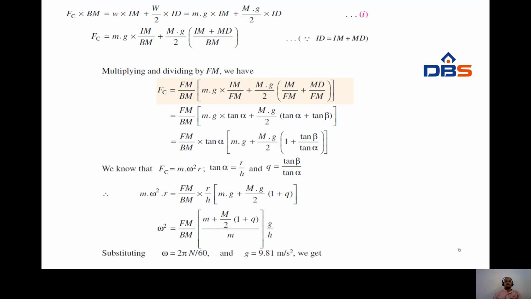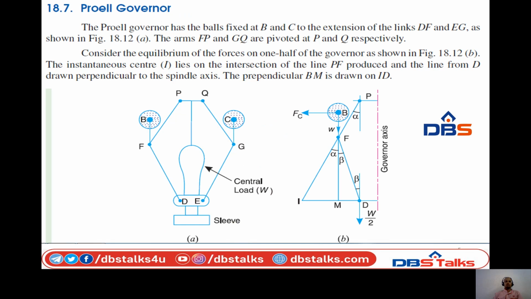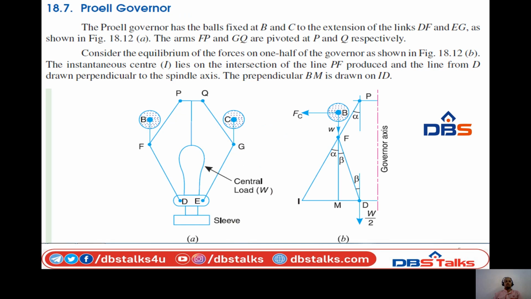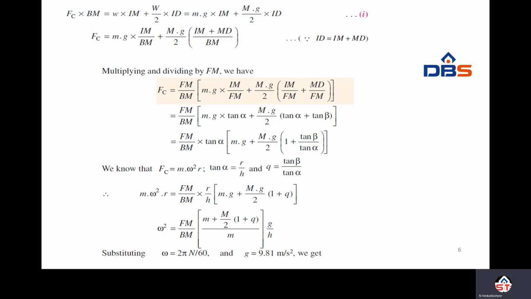Based on these two triangles, IM is horizontal and FM is vertical, so we can say sin alpha by cos alpha. So IM by FM means tan alpha, plus MD by FM. MD is in the other triangle, MFD, and MD by FM we can call tan beta.